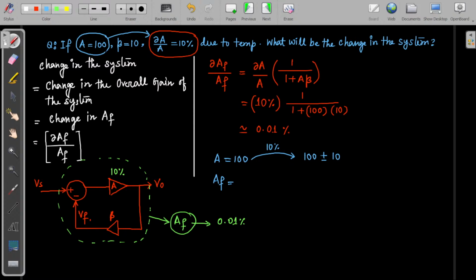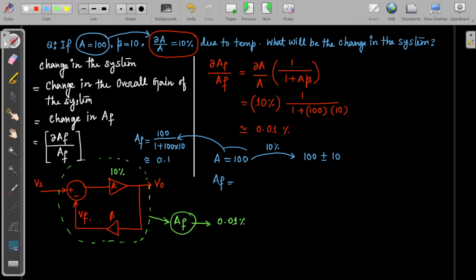Suppose the A value is 100 before the change of temperature. When the value of A was 100, what was the value of AF? So AF value can be calculated as A divided by 1 plus A beta, so 100 into 10. If we calculate this ratio, it is coming as near about 0.1.